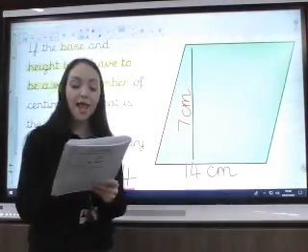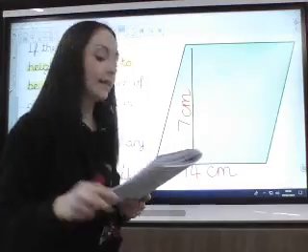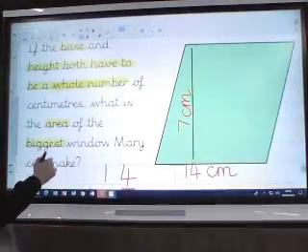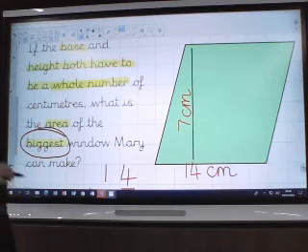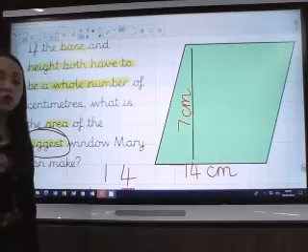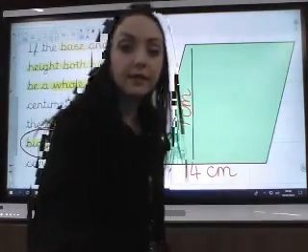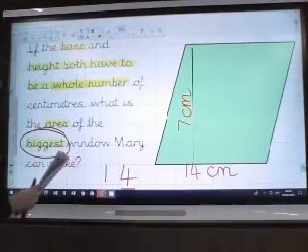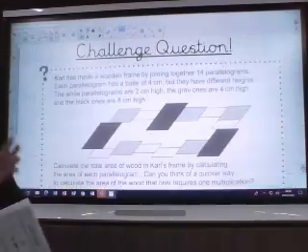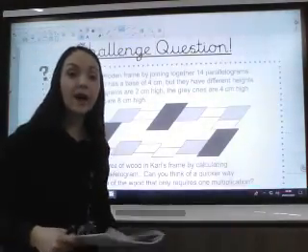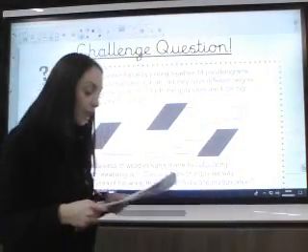But remember, the area of the window must be less than 80. And here is a bit of a clue. It says, what is the area of the biggest window Mary can make? So just make sure it's the biggest. Okay? You have a go at finishing that one off then. Remember, it's trial and error, so you might not get it first time. That's fine. Just keep trying.